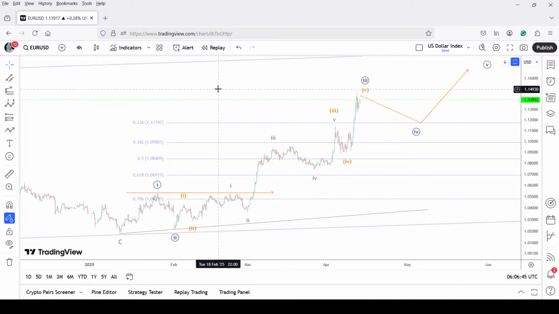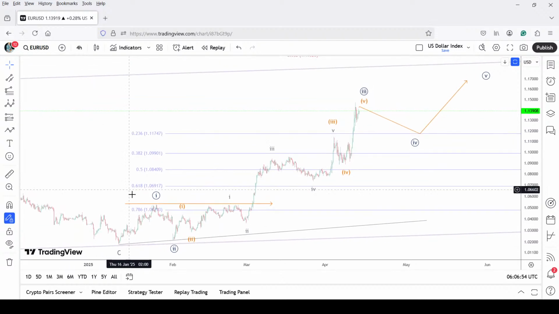As far as the wave theory is concerned, the price action which began on 13th of January from 1.0177 lows has completed minute wave 1, minute wave 2, and minute wave 3 as we speak.